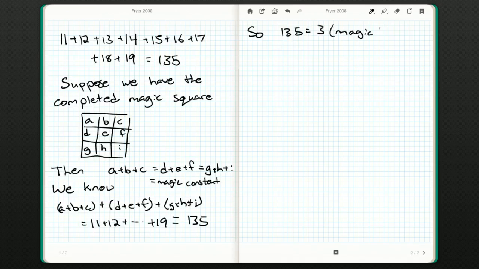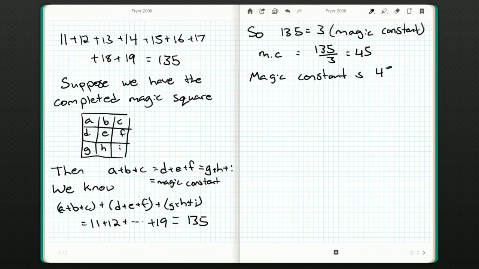So 135 is the same as 3 copies of the magic constant. The magic constant is then 135 divided by 3, which is 45. So the magic constant is 45.